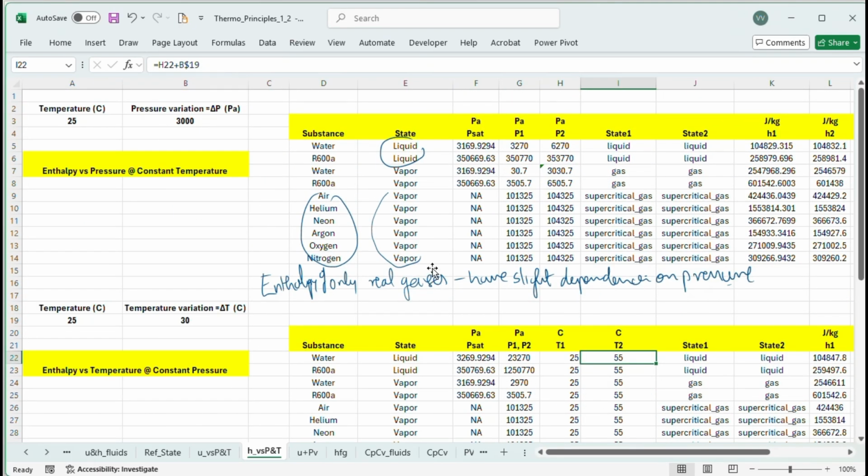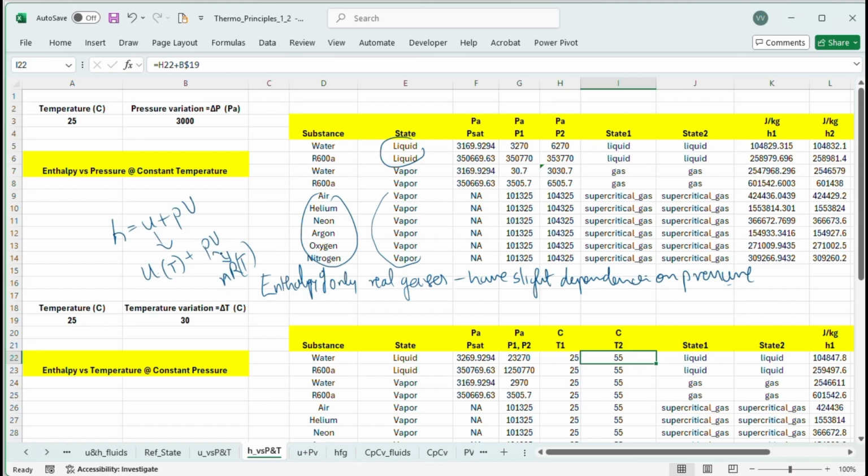So you could think of it in another way, because enthalpy is U plus PV, right? And U is primarily dependent on temperature. And PV, if it's an ideal gas, is nRT, so also primarily dependent on temperature.